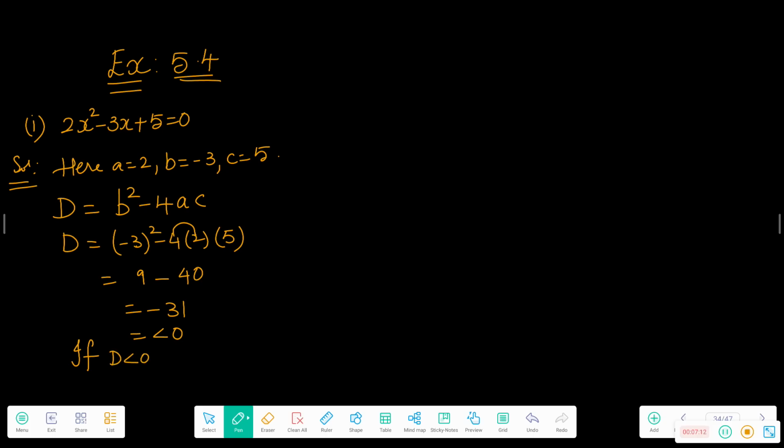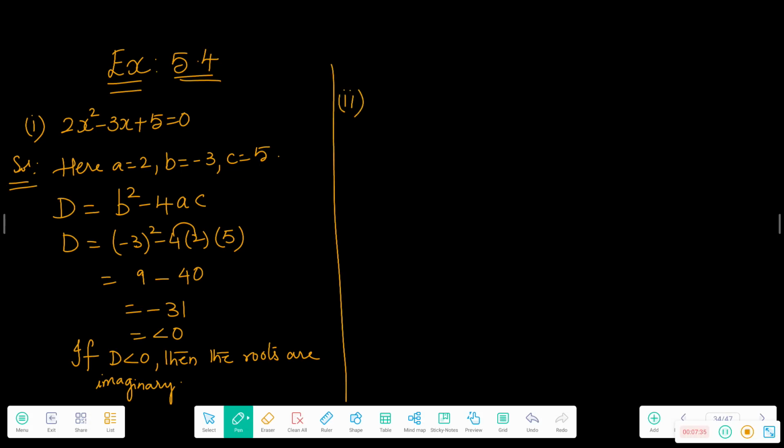If d is less than 0, then the roots are imaginary. So we cannot find the roots in this case. Is it clear? If d value is less than 0, then the roots are imaginary. Moving to the second problem.